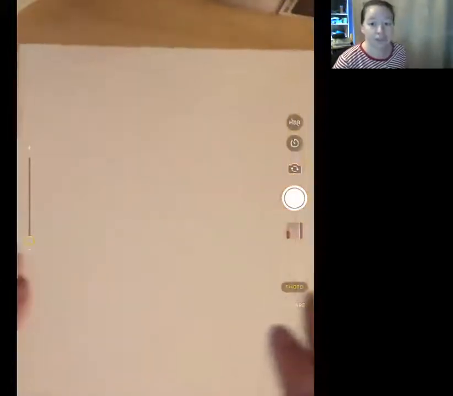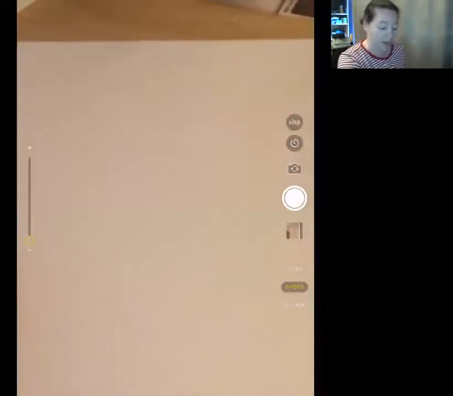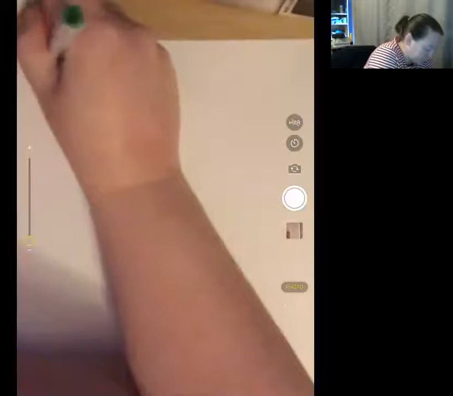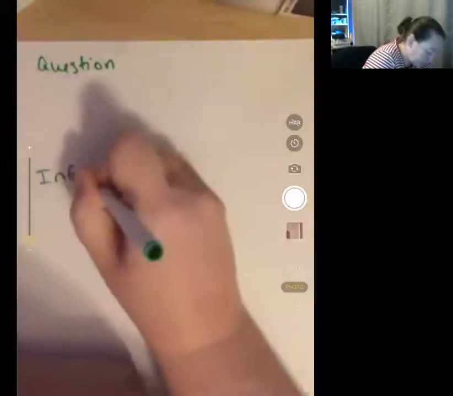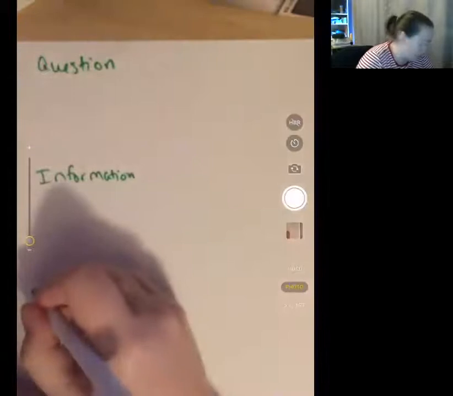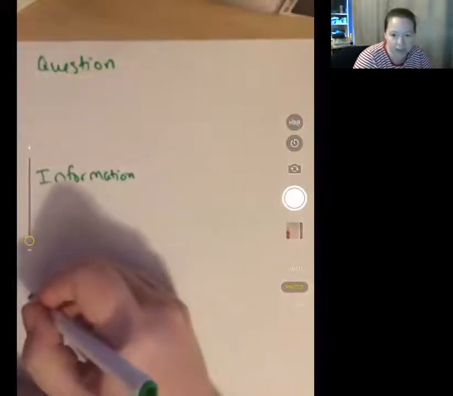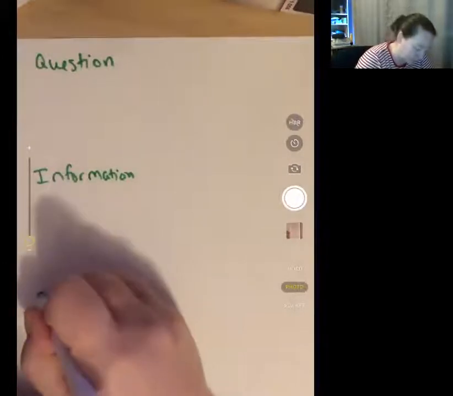Okay, so I am going to make the chart the way I want to make the chart. We have our question. We have our information. And then we have how we're going to use the information. So I'm going to put down operation.